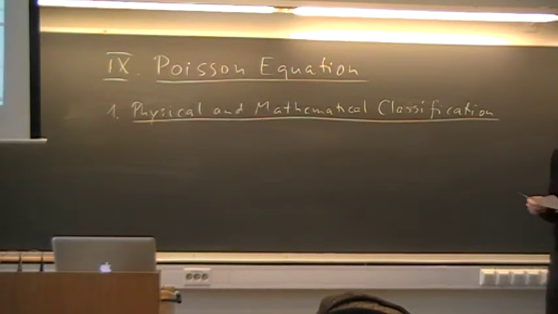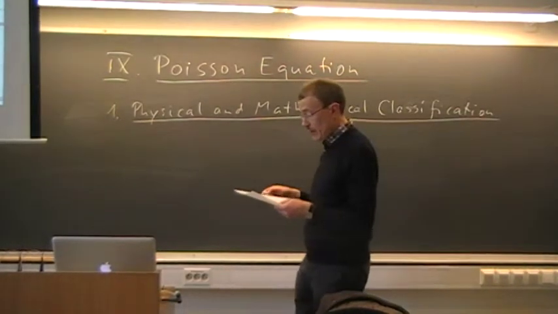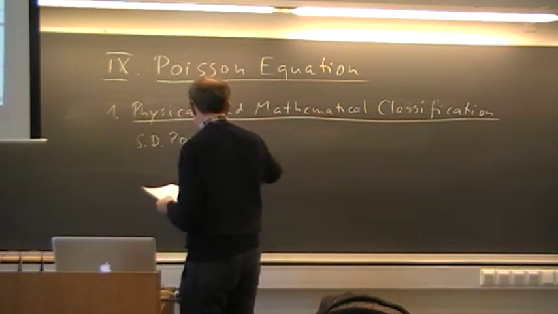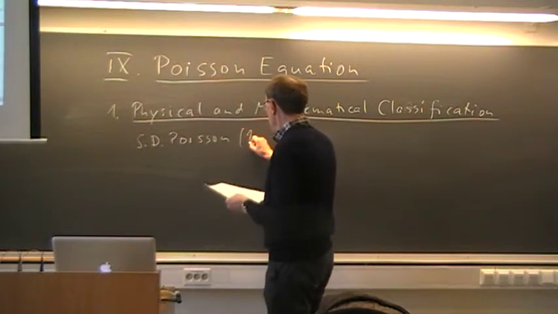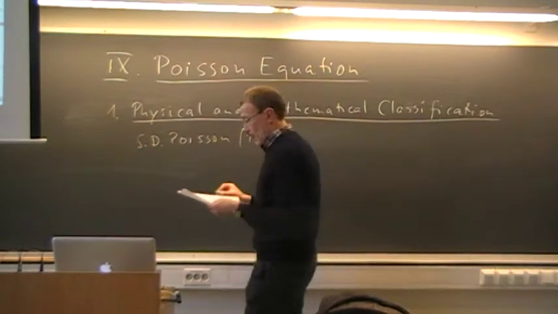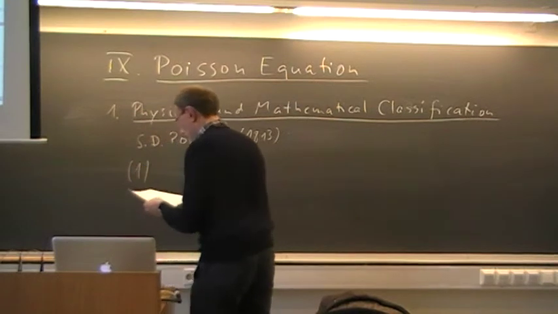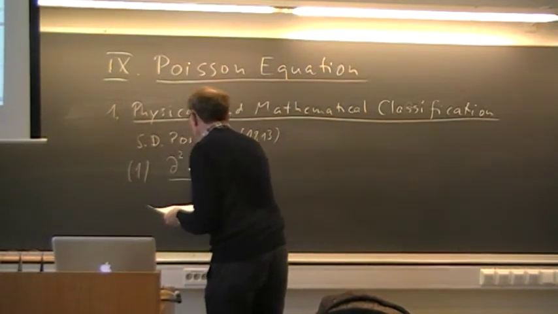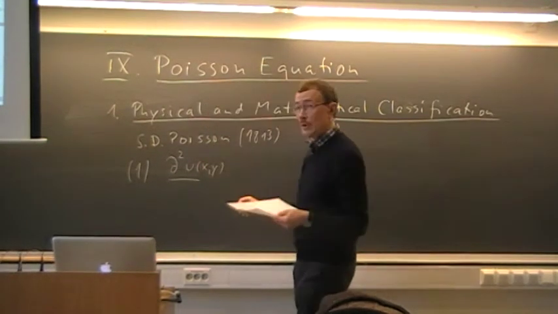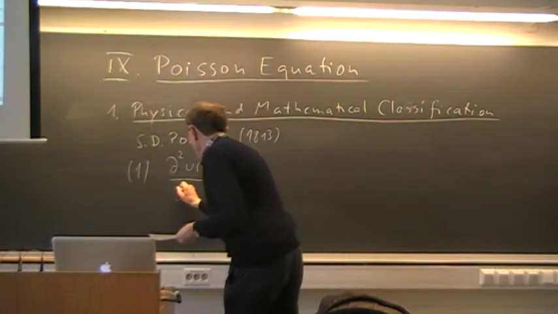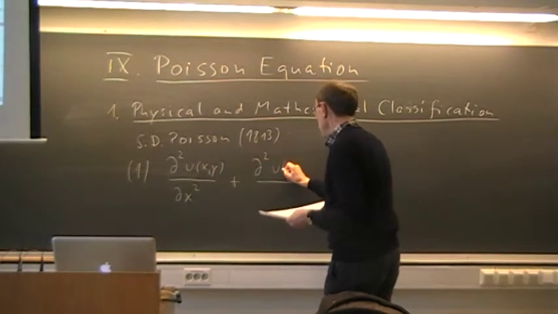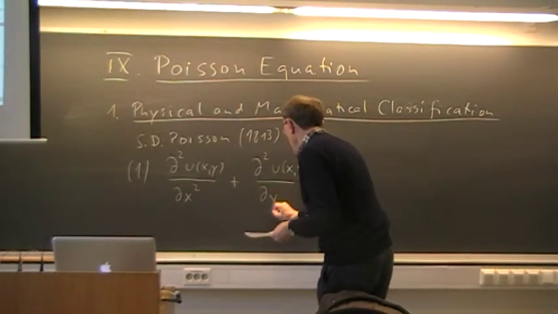The Poisson equation is due to Siméon Denis Poisson, and it was published by him for the first time in 1813. It looks like this: we have the second derivative of our unknown function u, which in 2D is a function of x and y, with respect to x squared, and we add the second derivative of the unknown with respect to y.